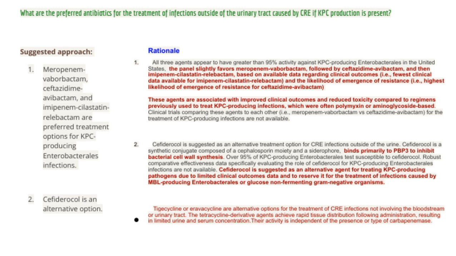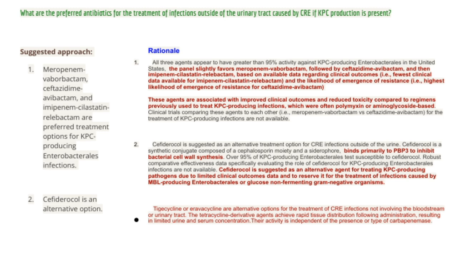which were used previously. It's worth noting that direct clinical trial comparisons between these agents, such as meropenem-vaborbactam versus ceftazidime-avibactam, are currently lacking. Now turning to cefiderocol, a synthetic conjugate combining a cephalosporin with a siderophore, it primarily binds to PBP3, inhibiting bacterial cell wall synthesis.